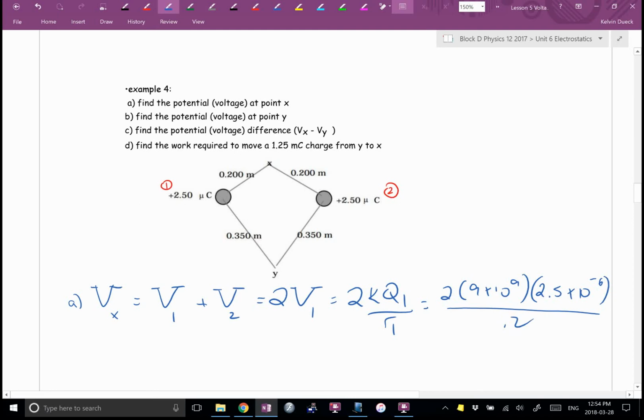I might be able to do that in my head. 2 times 2.5 is going to be 5. 5 times 9 is 45. 45,000 divided by 0.2. Dividing by 0.2 is the same as timesing by 10 and dividing by 5. 450,000. 90,000? Or am I way off? Double check me. What'd you get?